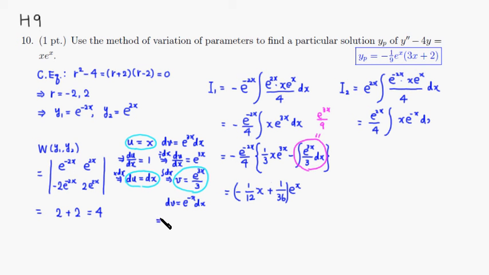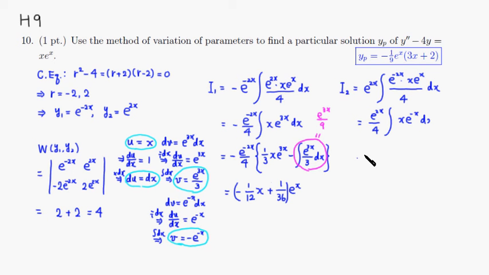So dividing through by dx, we get dv over dx equal to e to the negative x. We can take the antiderivative with respect to x to find v. So v is e to the negative x divided by negative 1, so it's negative e to the negative x. This is going to be our new v.